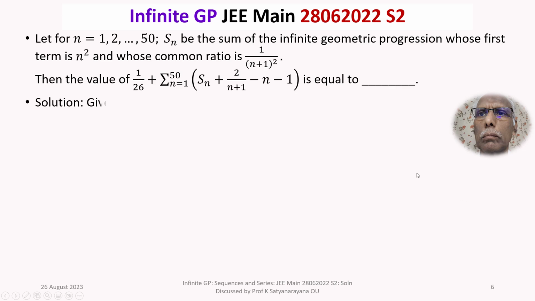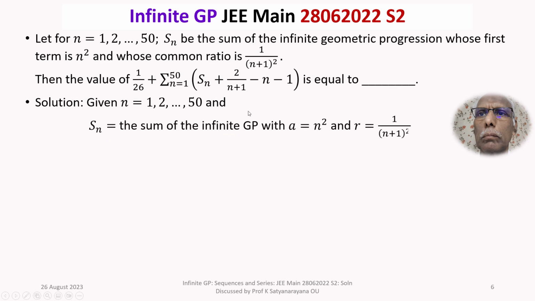We have n equal to 1, 2, 3 up to 50 and Sn denotes the sum of the infinite series with the first term a equal to n square and common ratio r equal to 1 by (n plus 1) whole square. Observe that the common ratio r is less than 1.